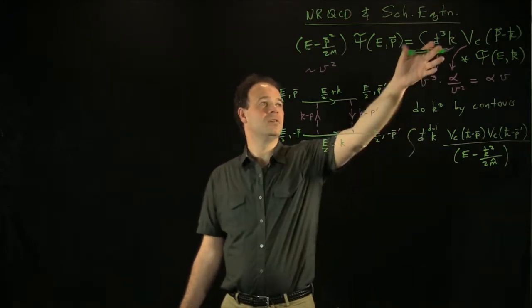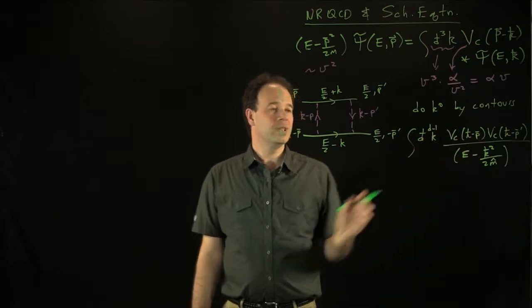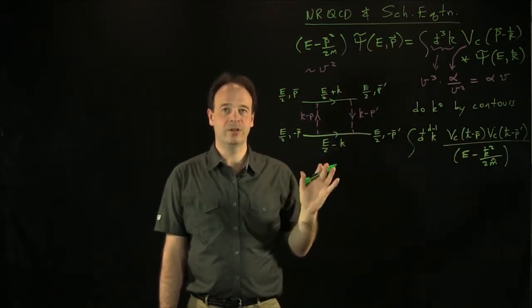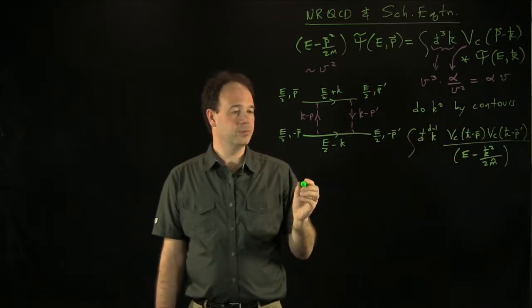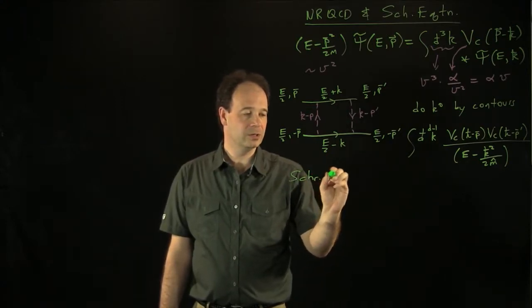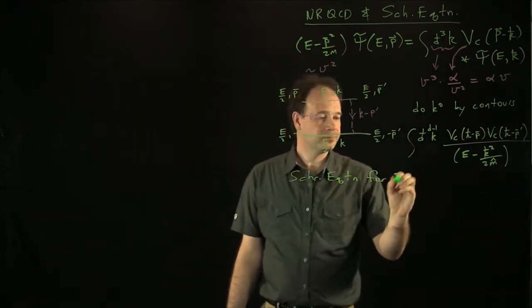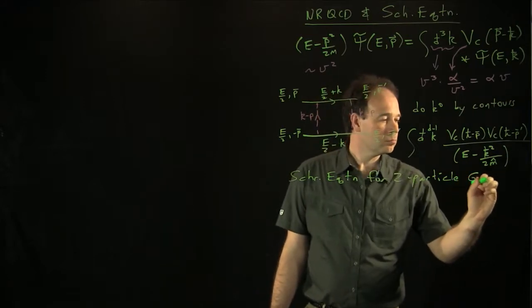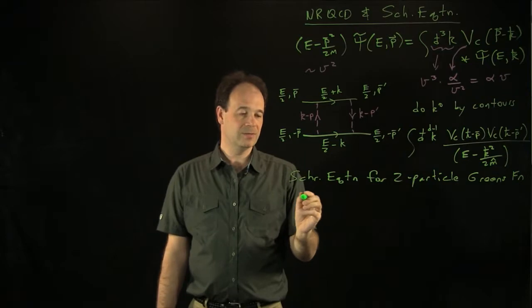So how does that relate to the Schrodinger equation? It doesn't seem obvious at all. In order to see how this relates to the Schrodinger equation, I want to look at, instead of the wave function, the Schrodinger equation for the Green's function. And we'll see that that is related to this integral that we just set up here. So the claim is that the Schrodinger equation for the 2-particle Green's function is related to the following series of diagrams.